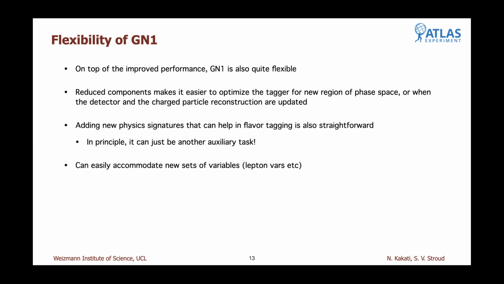Also, if you find some new physics signature that you think will be helpful in identifying the flavors, adding it to this architecture is straightforward because it can in principle be just another auxiliary task. And if you think there's another set of variables which will be helpful in flavor tagging, it can also easily accommodate those variables.